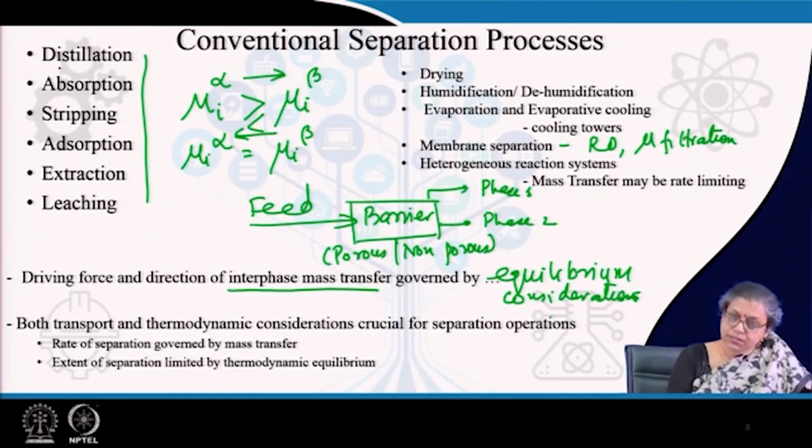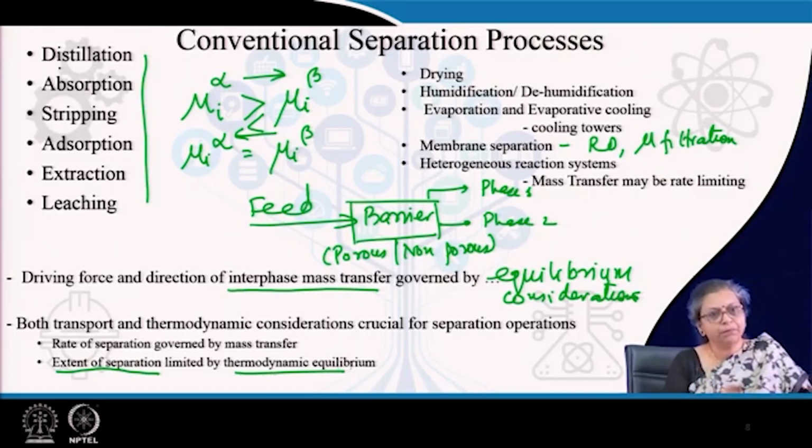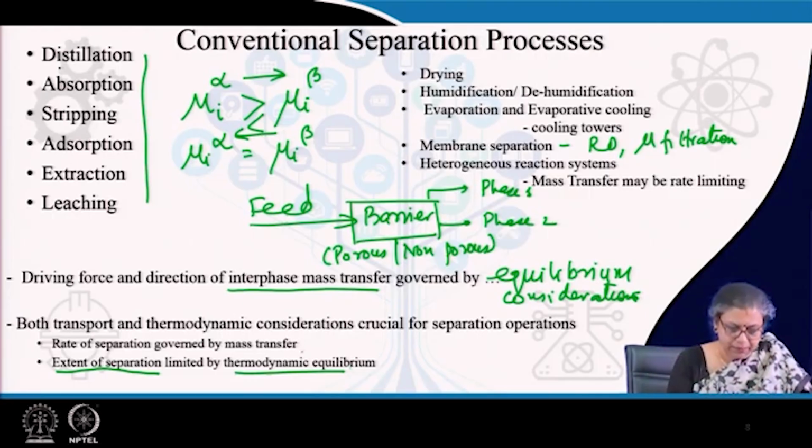For designing such mass transfer processes, it is important to remember that the extent of separation that we would obtain is limited by thermodynamic considerations, that is, it is determined by the chemical potential of the component in the two phases between which the mass transfer is supposed to take place.